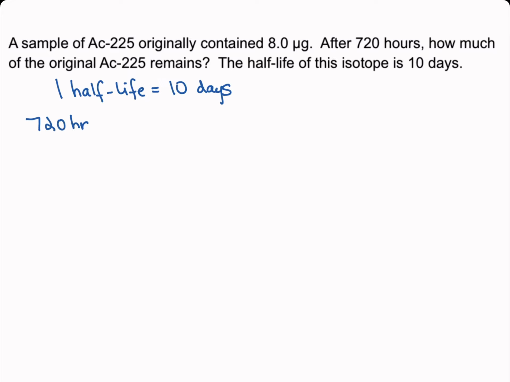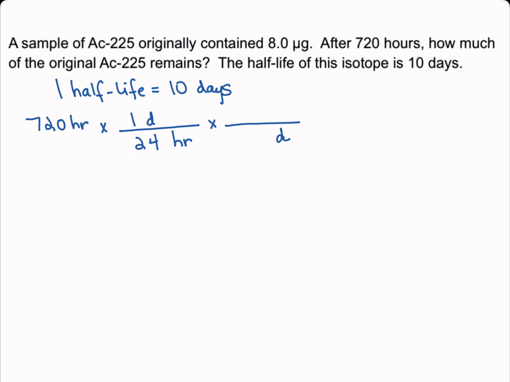If hour is in the numerator, we're going to have to put hour in the denominator. Our half-life is in terms of days, so we're going to convert hours to days. 1 day has 24 hours. Day is in the numerator, so now day is in the denominator.